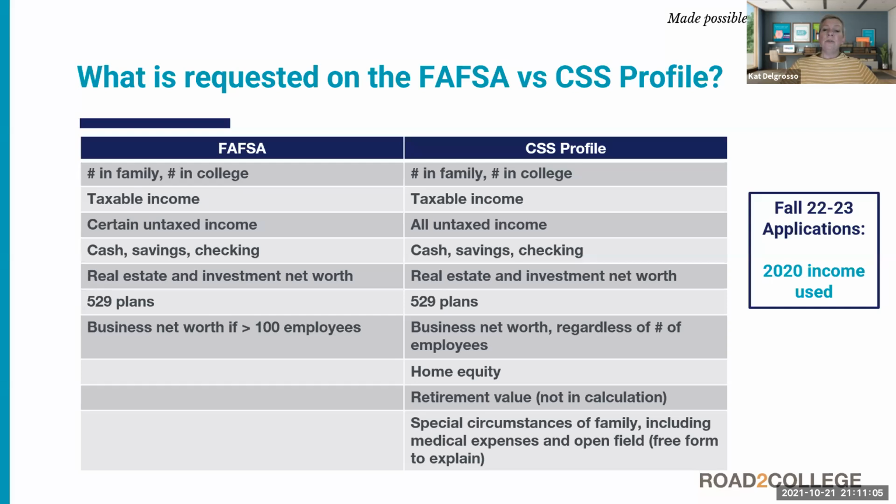As I was mentioning earlier, that is not on the FAFSA. Also, if you happen to own a farm, I don't have this listed here, but if it's a family farm that you're living in, you don't have to include that on the FAFSA, but you do on the profile.